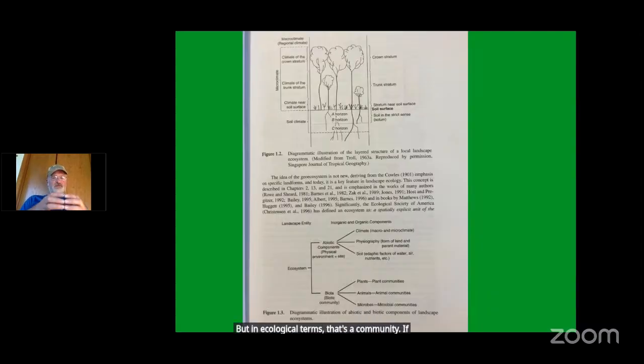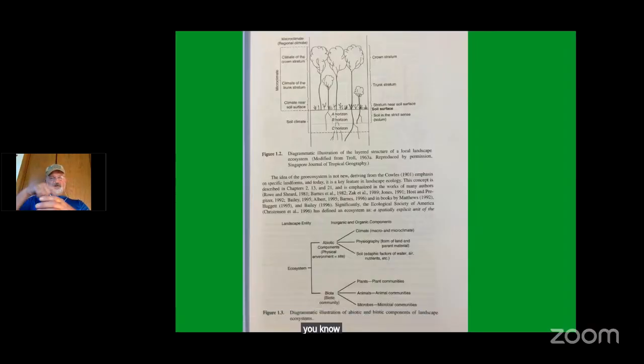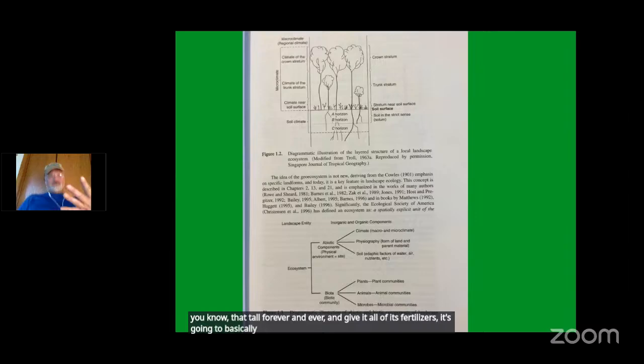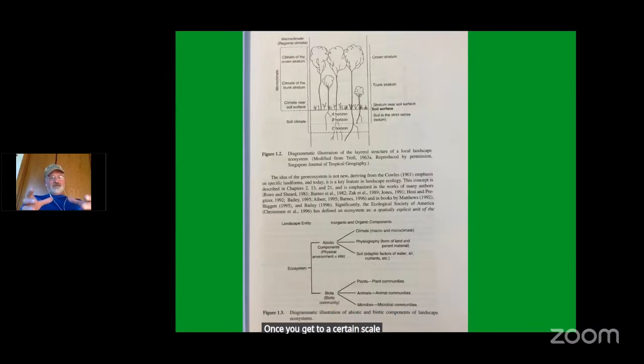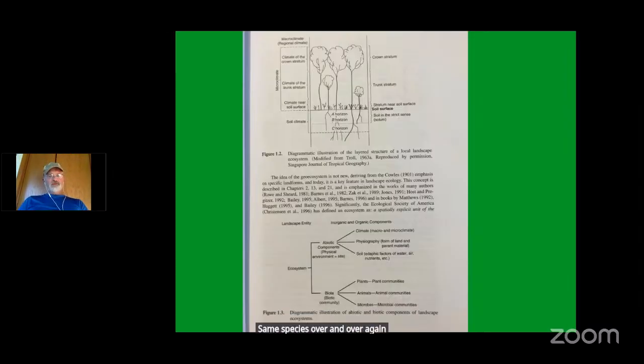If you were to take this plant community and plant it in a golf course and surround it by Kentucky bluegrass and then just keep it mowed that short forever and ever and give it all of its fertilizers, it's going to basically act like the 5 different trees that you put there. It's kind of all by itself. It's not really interacting with a whole lot. Once you get to a certain scale, all of a sudden there will be emergent properties within these species. It can be the same species over and over again, and have different emergent properties.